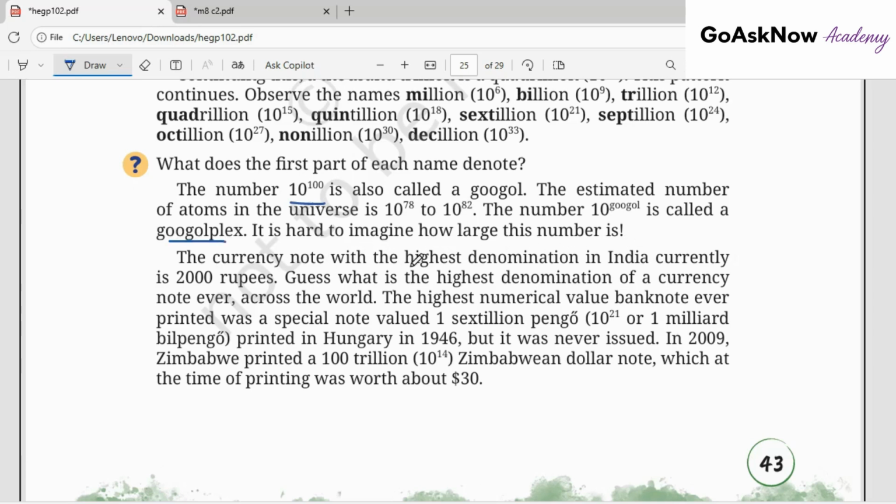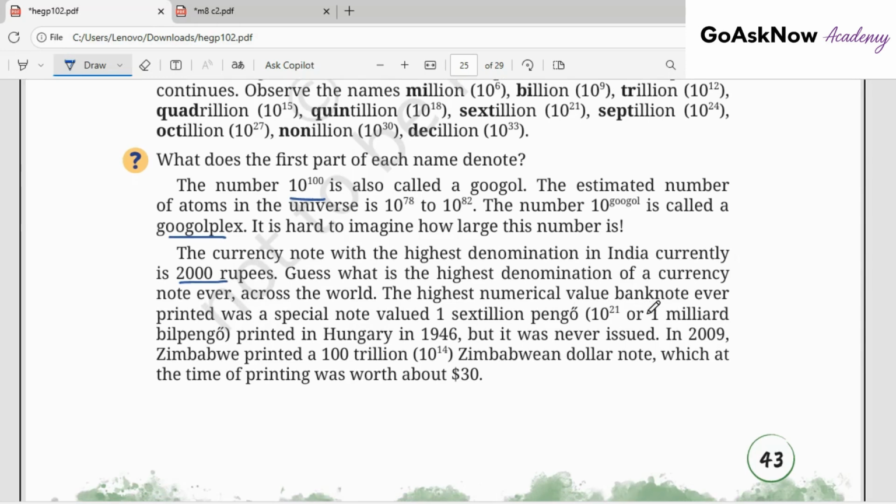The currency note which is the highest denomination in Indian currency is 2000. Guess what is the highest denomination of currency note ever across the world? The highest numerical value banknote ever printed was a special note valued at 1 sextillion pengő, 10 power 21, or 1 milliard bilpengő, printed in Hungary in 1946, but it was never issued.